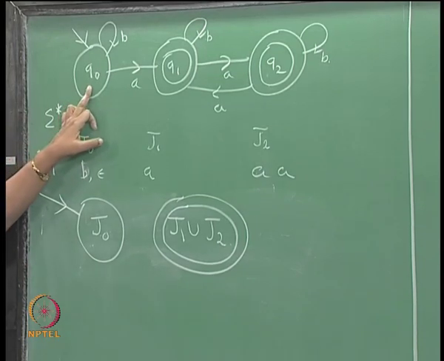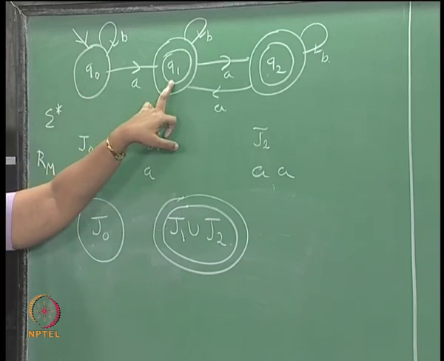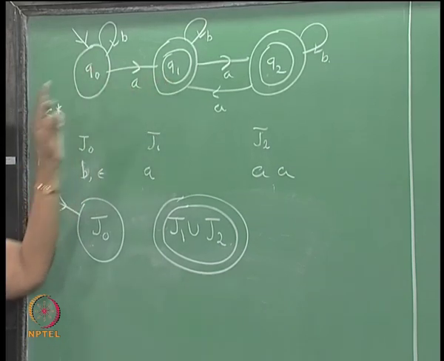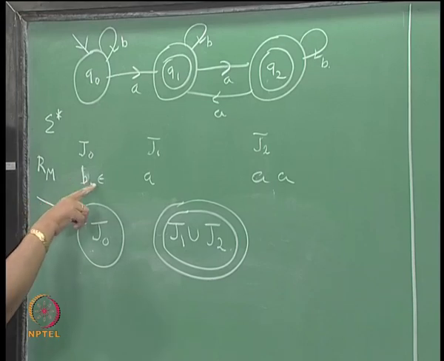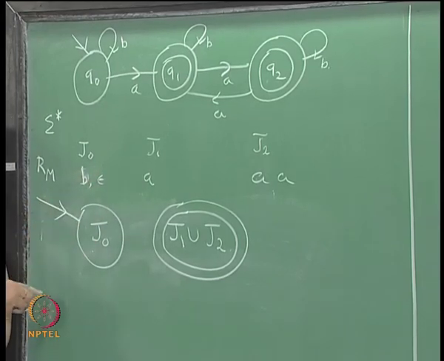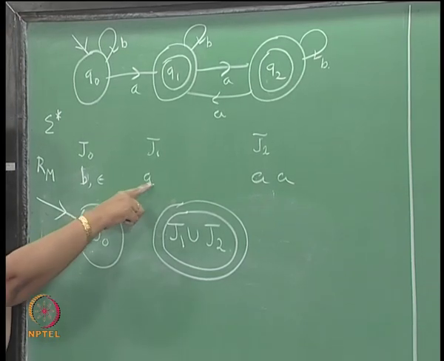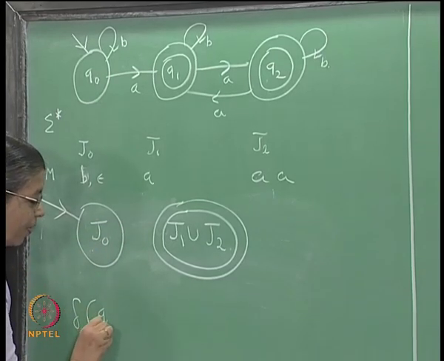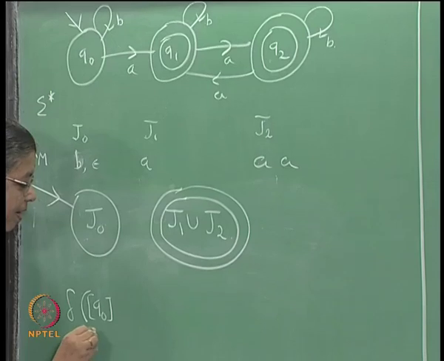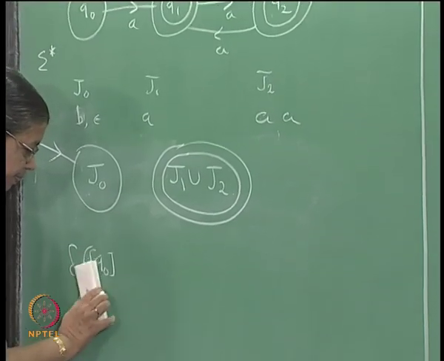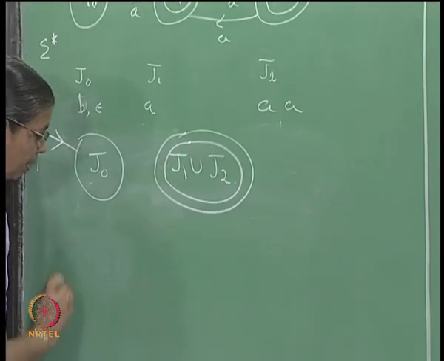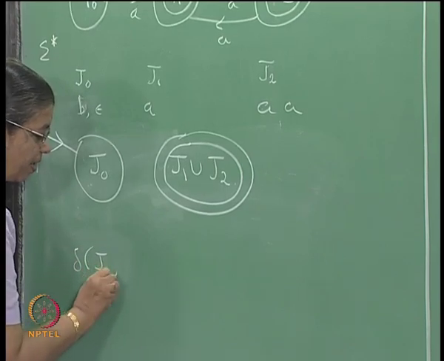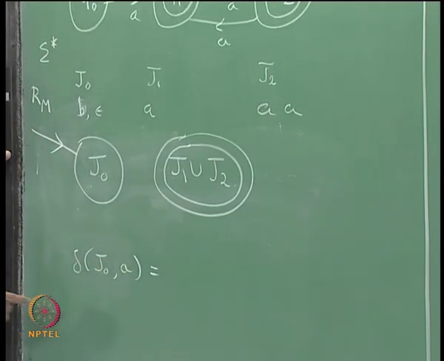Starting from here, after reading a, go to Q1, right. So, that is, start with epsilon, after reading a you go to this equivalence class, delta of Q naught, a, will be Q1, right.